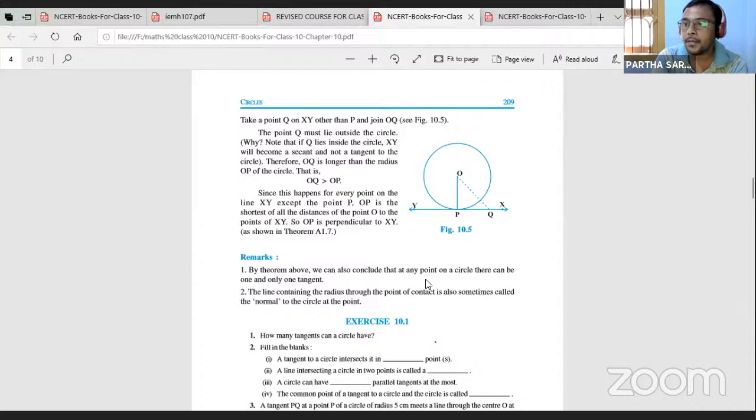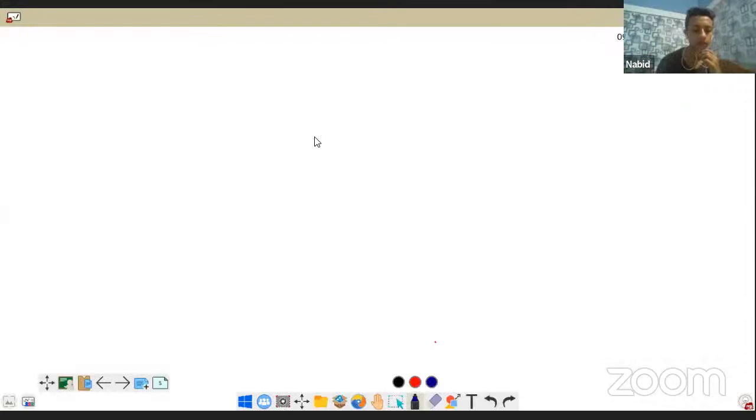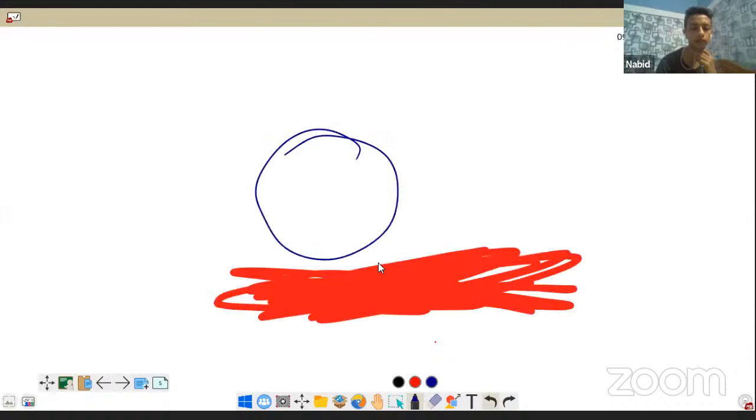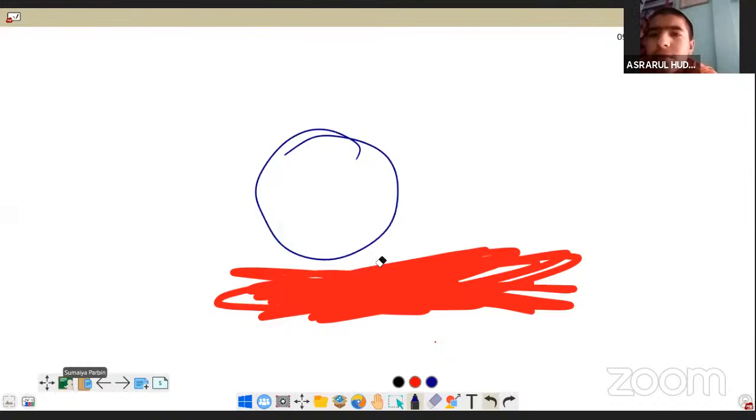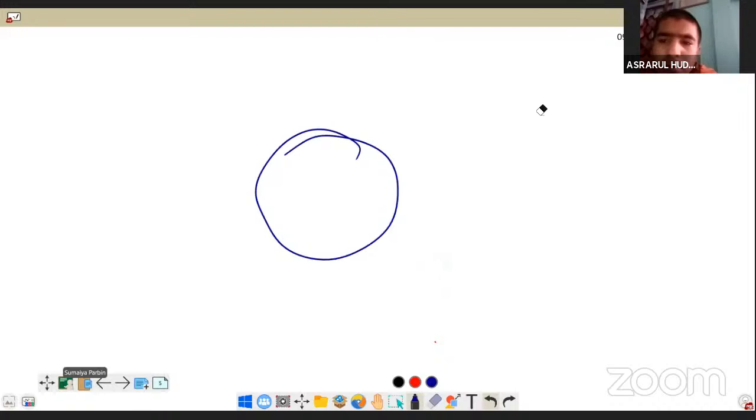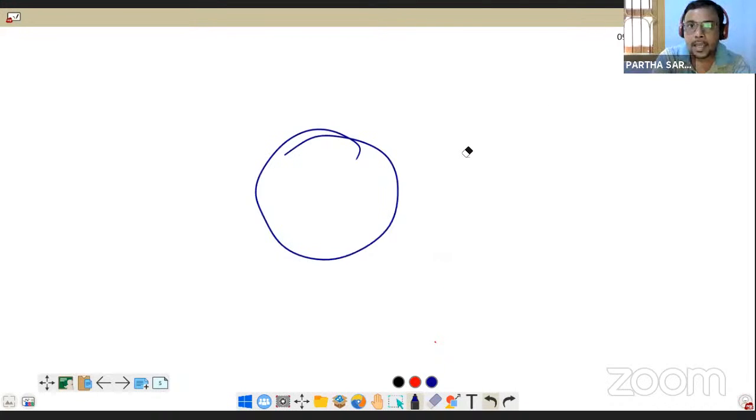Now, we understood what I said: in a circle, this radius is always perpendicular to the tangent. Always remember this. Understood what I said to you?